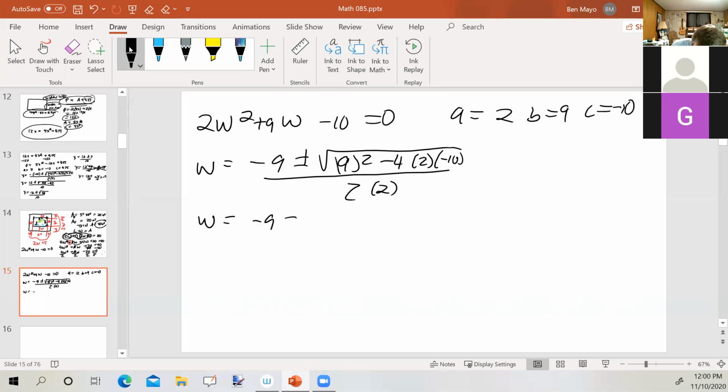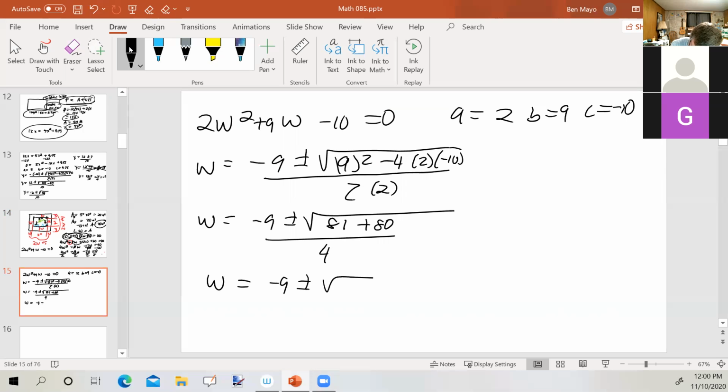W equals negative 9 plus or minus the square root of 81 plus 80 over 4. W equals negative 9 plus or minus the square root of 161. There we go. That's a little better. That's a little worse in terms of it doesn't come out nicely, that is.